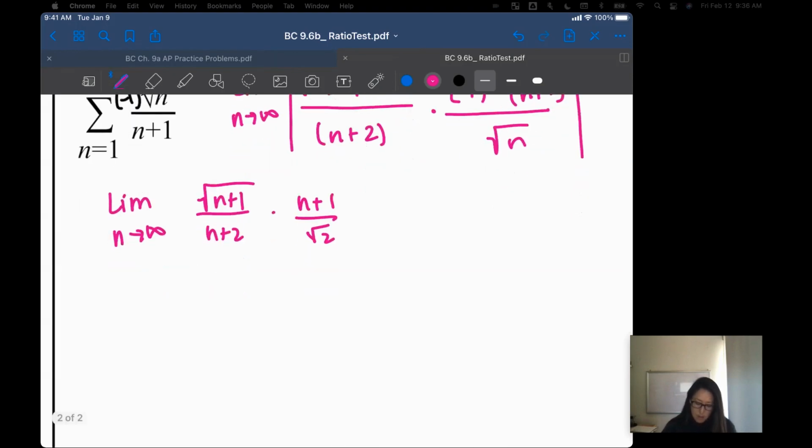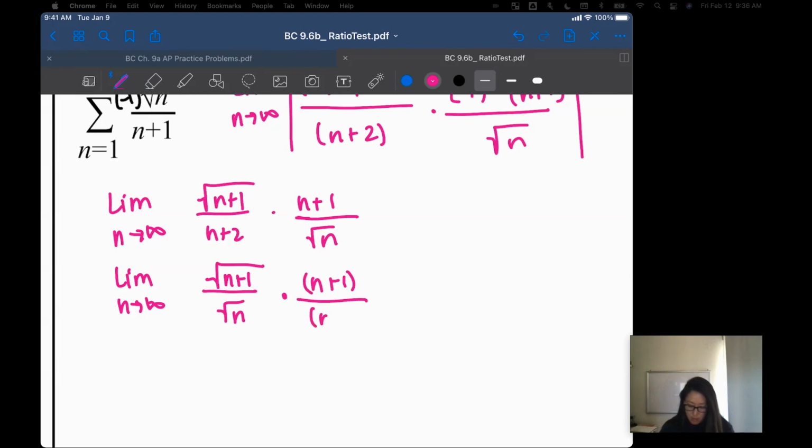All right, so I think this is going to be easier if I rearrange so that the square roots are together. So (n plus 1) over the root n times (n plus 1) over (n plus 2).